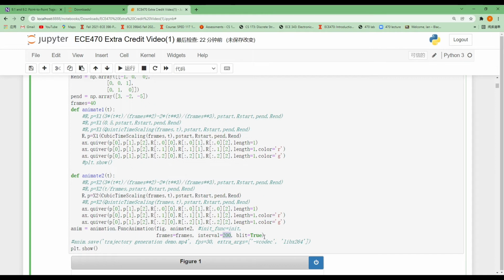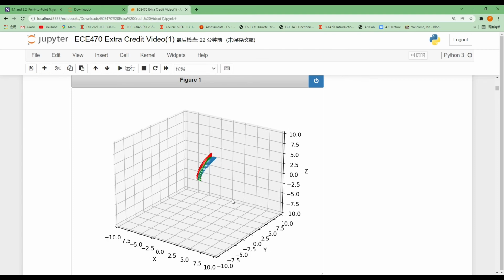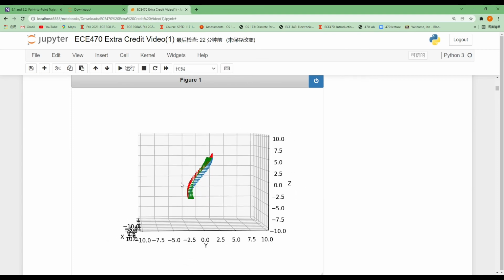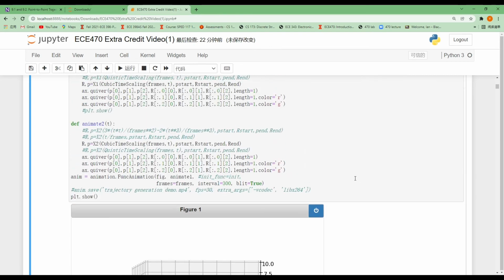Here we increase the interval value to see what will happen. Basically, the interval value determines the time it takes to draw each point on the graph. As you can see, as we increase the interval value, the time it takes is much longer than before.